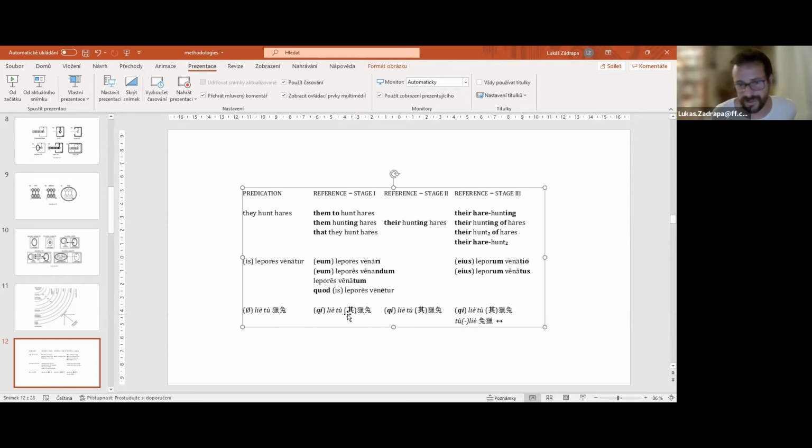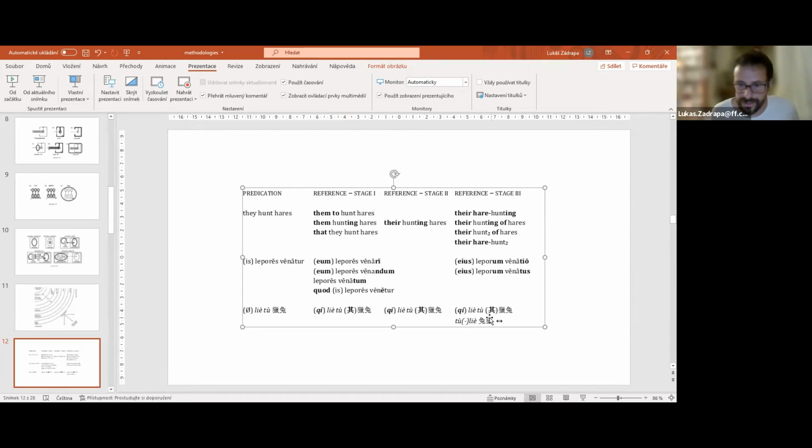So this is parallel marking. We cannot distinguish between, for example, their hunting hares and their hare hunt, or their hunt of hares, because it is coded in the same way. We have only one chi, which marks any degree of nominalization.